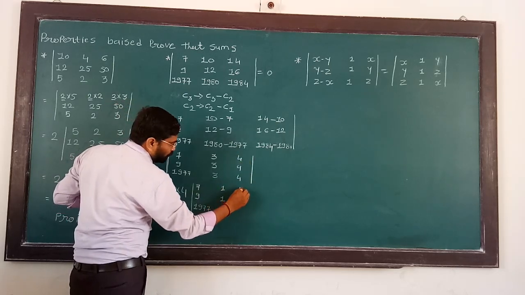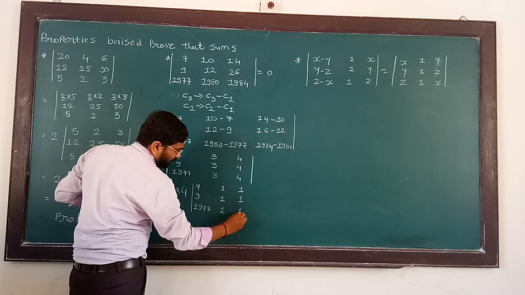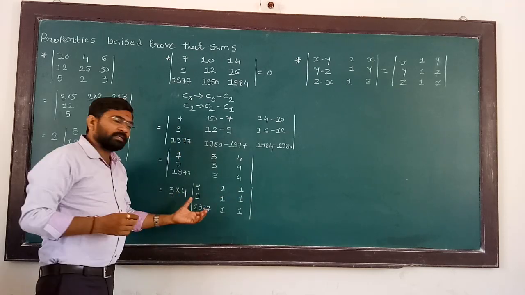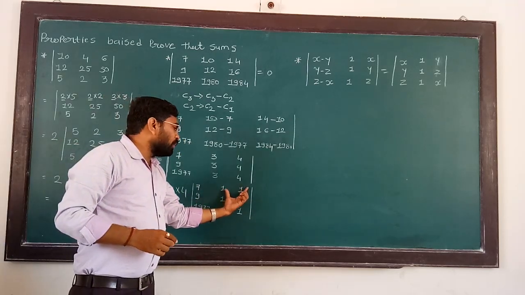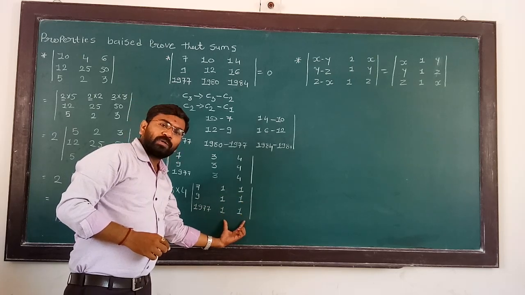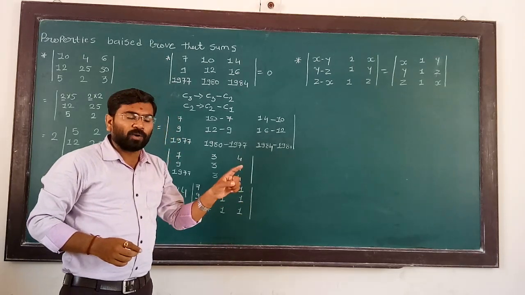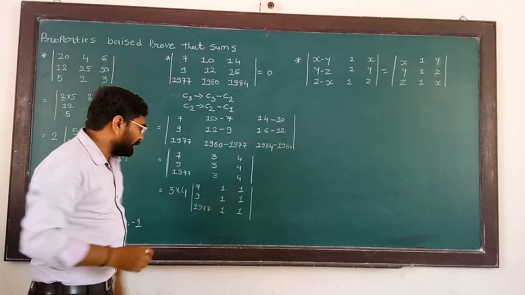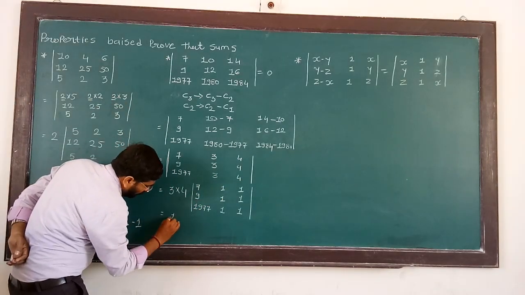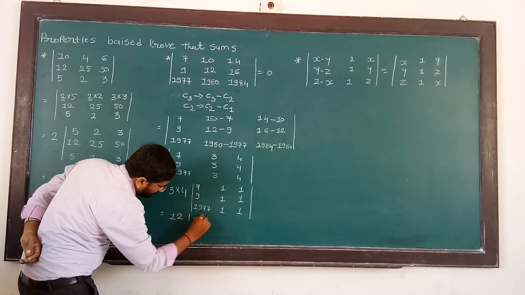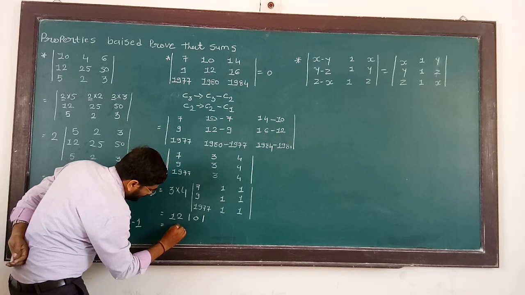Here 4 is common, so we write 1, 1 and 1. See the students, here both columns are the same, so the determinant is 0 as per property number 1. So we write 12 into determinant is 0, so the answer is 0.